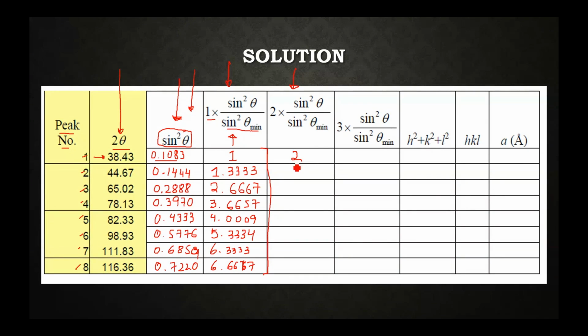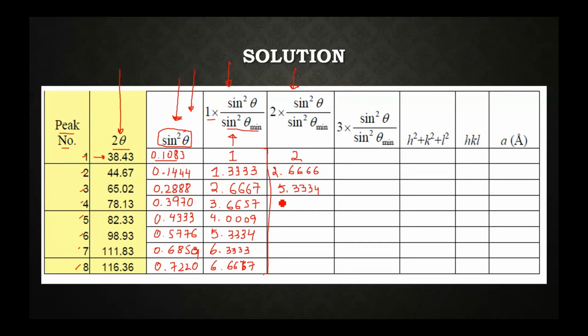So the first value would become 2, and then the following values would be 2.6666, 5.334, 5.334.